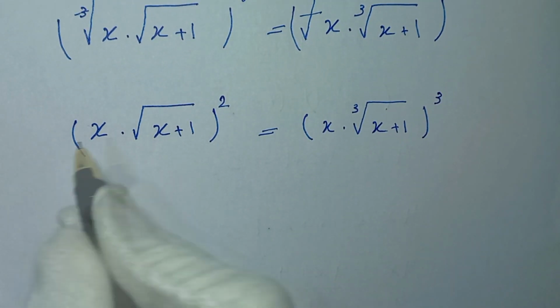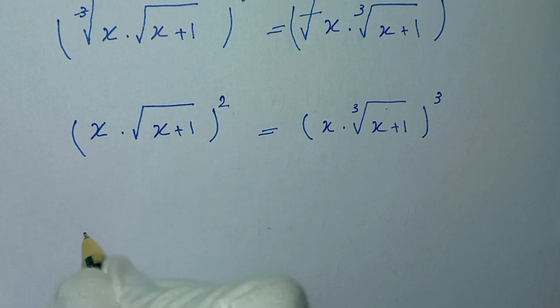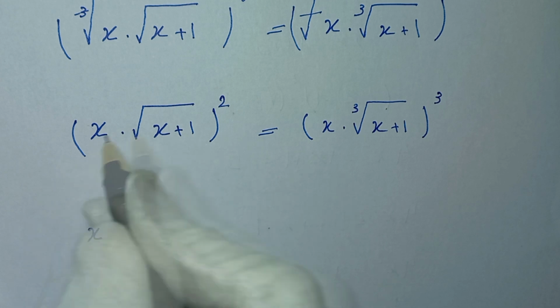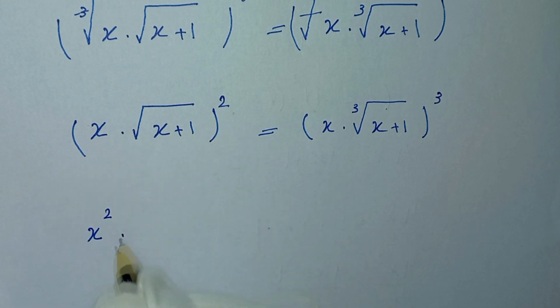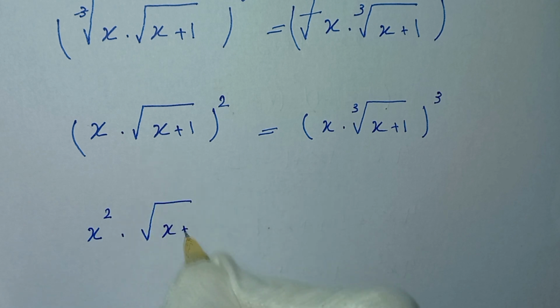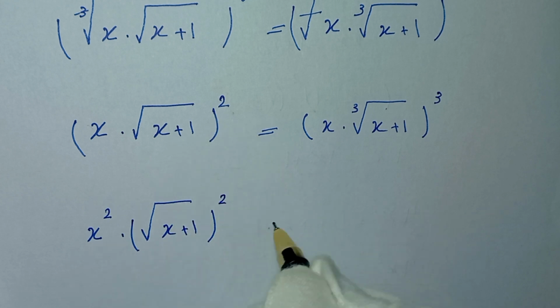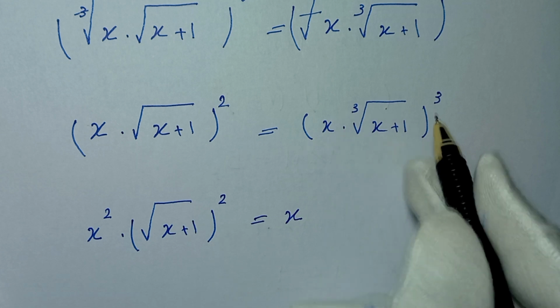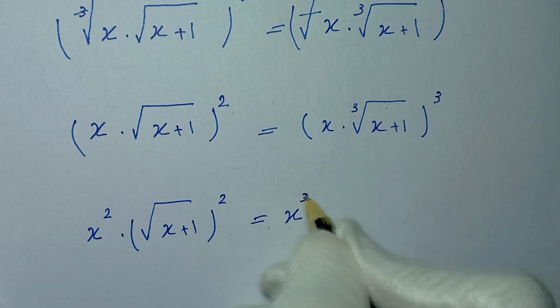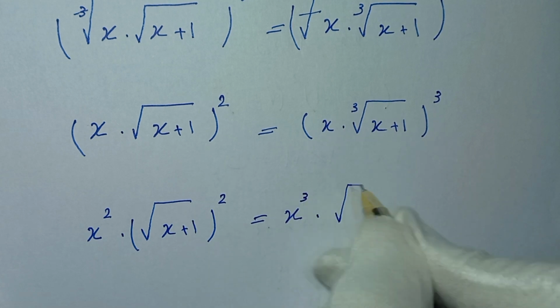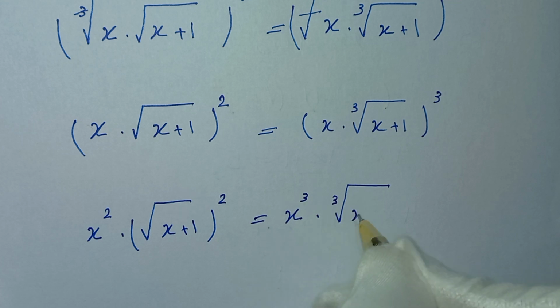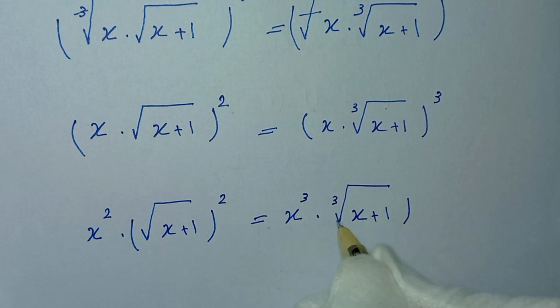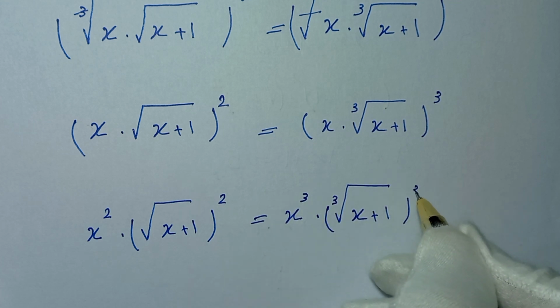In the next step, it will be x to the power of 2 times the square root of x plus 1 to the power of 2. And here, x to the power of 3 times the cube root of x plus 1 to the power of 3.